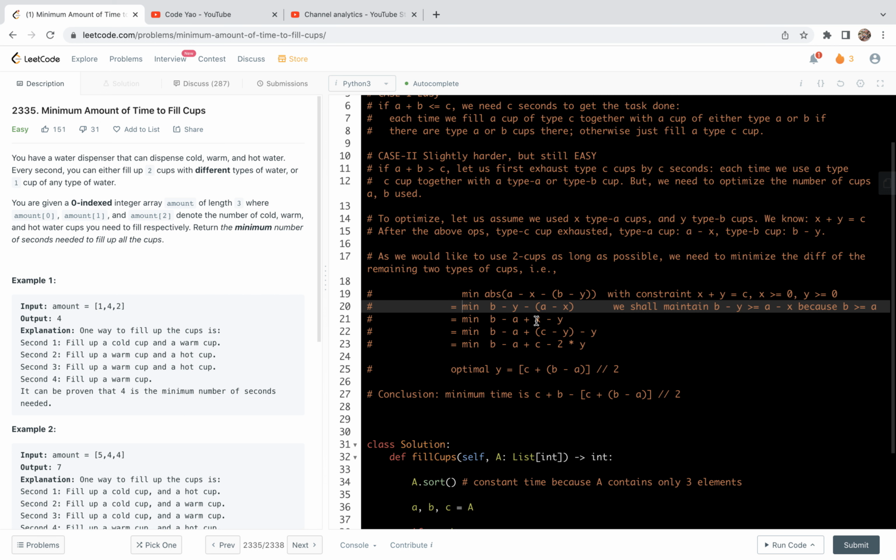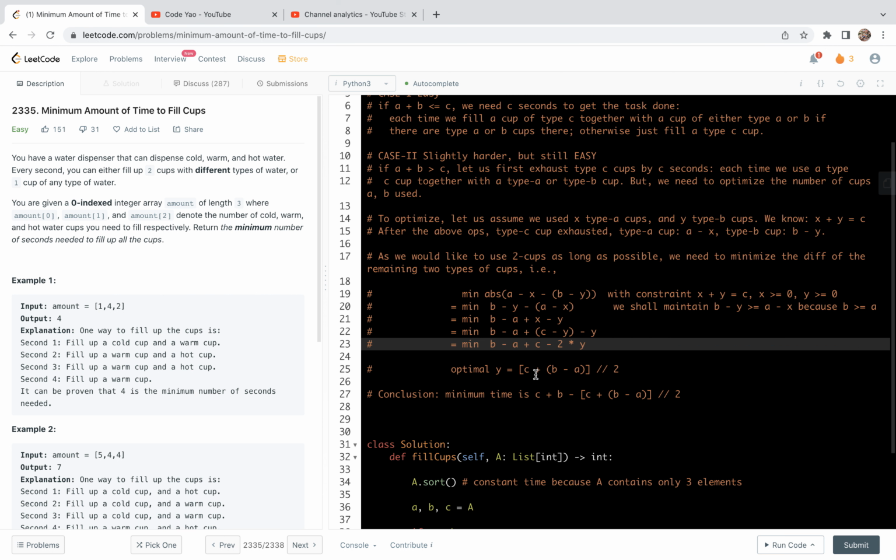If we break the parentheses, we get B minus A plus X minus Y. Now we want to use the relation X plus Y equals C, so we can write X to be C minus Y. Together we are trying to minimize B minus A plus C minus 2 times Y. That's the final expression. Notice that here A, B, C, and Y are all integers.